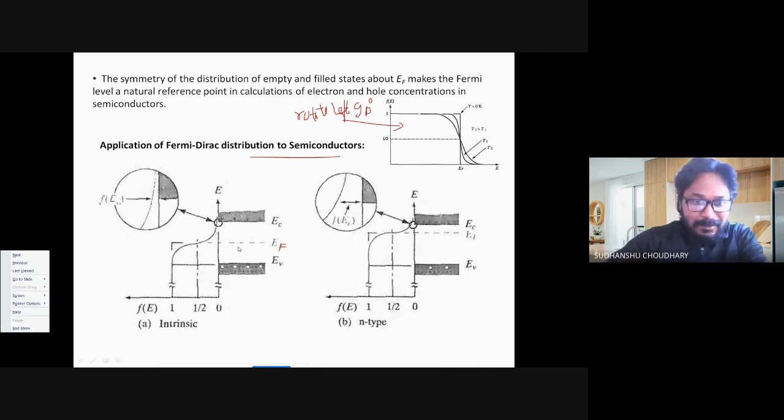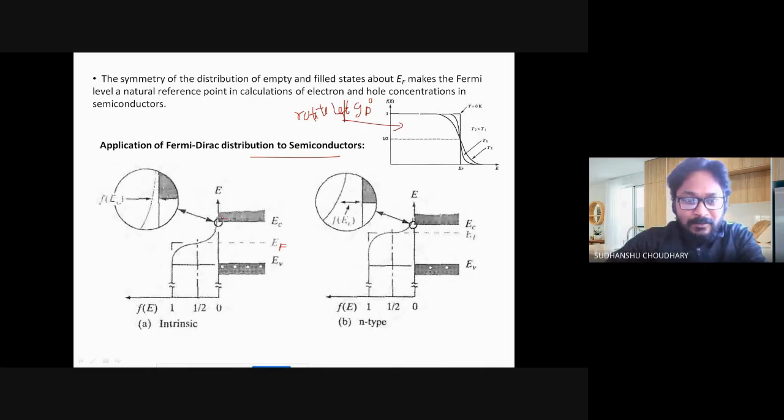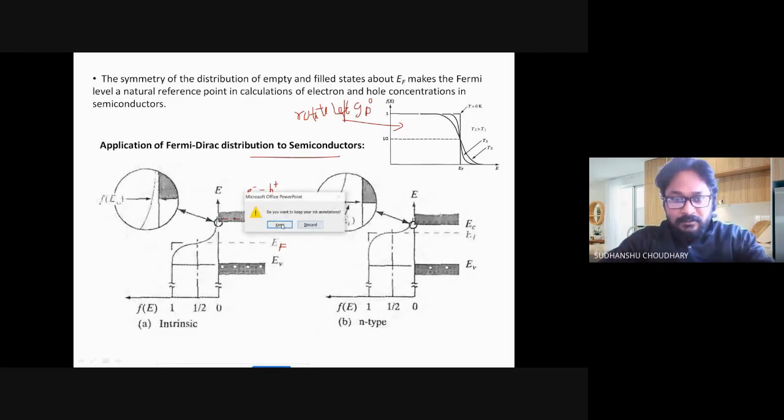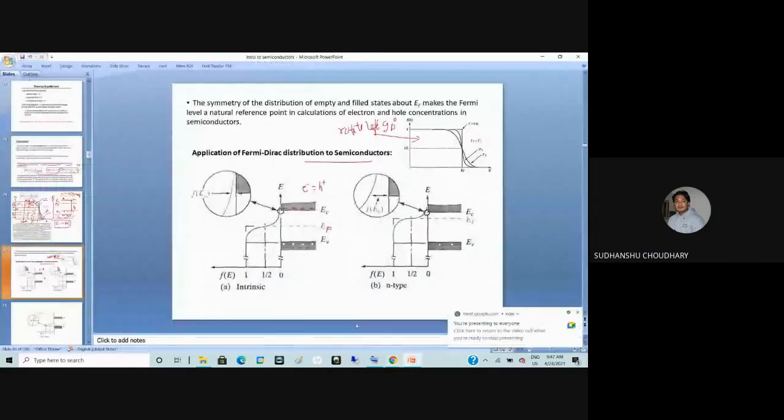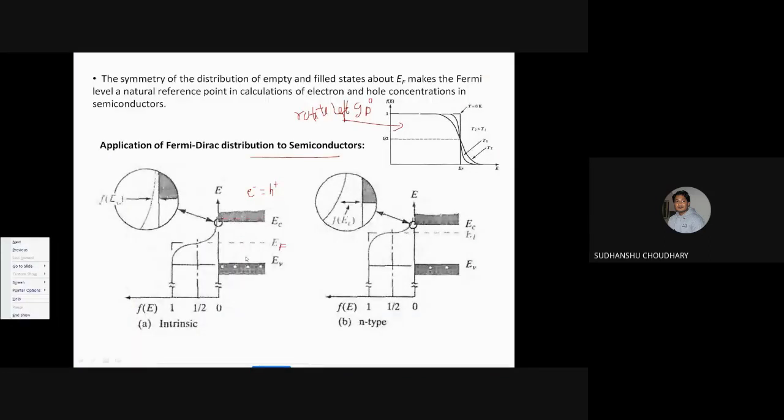Now, in an intrinsic semiconductor, we understand that at room temperature, the number of electrons in the conduction band is equal to the number of holes in the valence band.